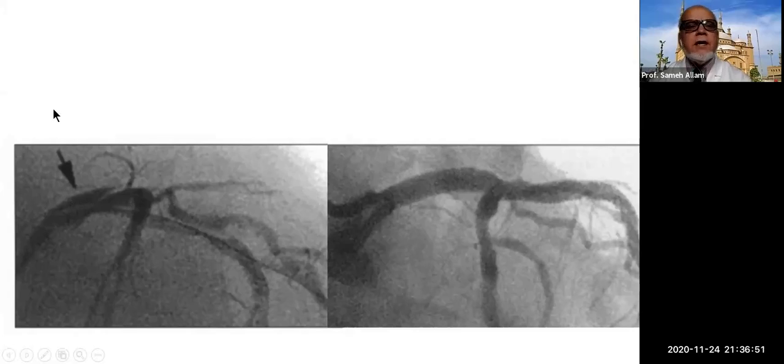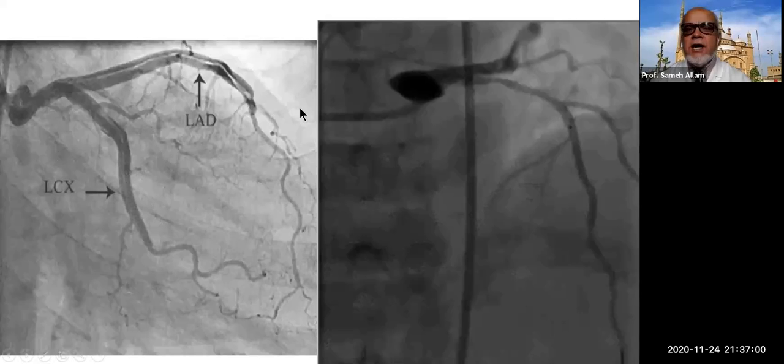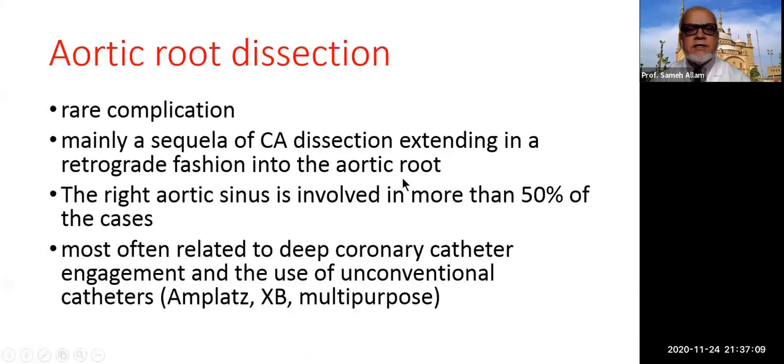And this is dissection of the left main that involves the circumflex, with a double lumen in both arteries, and this is dissection of the left main that extends retrogradely to involve the left coronary sinus.